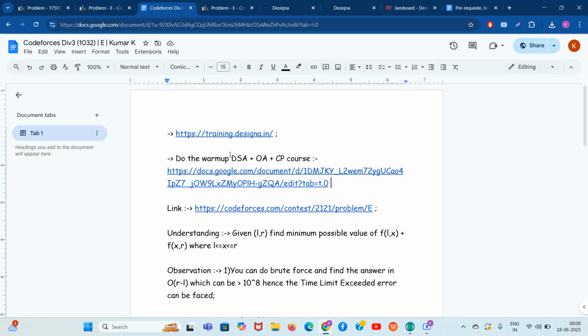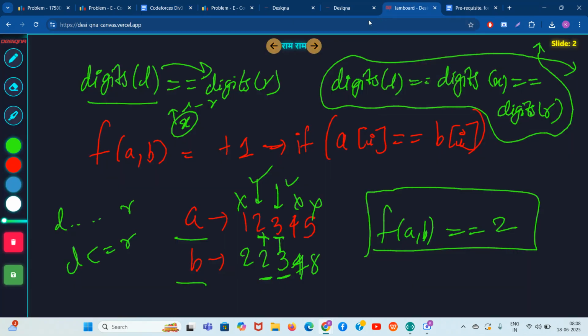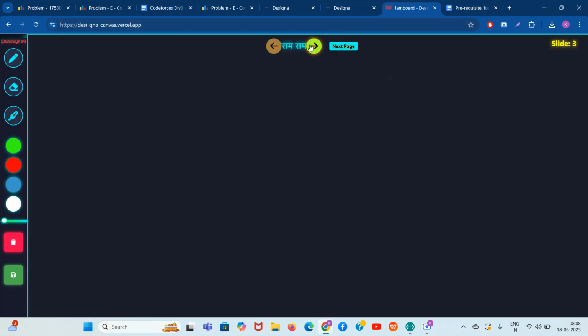Now listen to me a little more carefully. The first observation is that we can just do a basic brute force. We can travel all the numbers from L to R, and we can try to find the answer. So, what is the basic brute force?